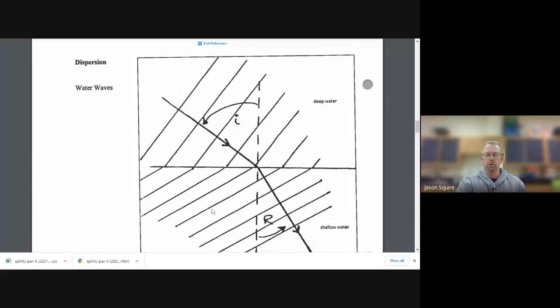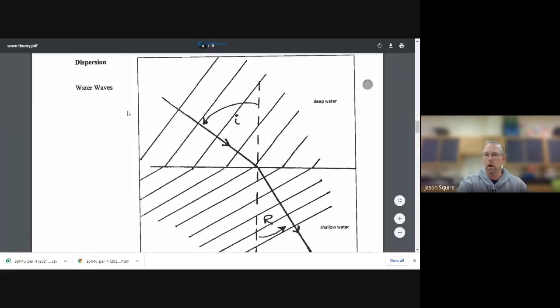Okay, dispersion. Dispersion, that was our colors of the rainbow thing. Dispersion is really just looking at that refraction stuff again. So this is water waves, a very similar diagram to what we just looked at with refraction. Here are water waves going from deep water to shallow water, and they bend.